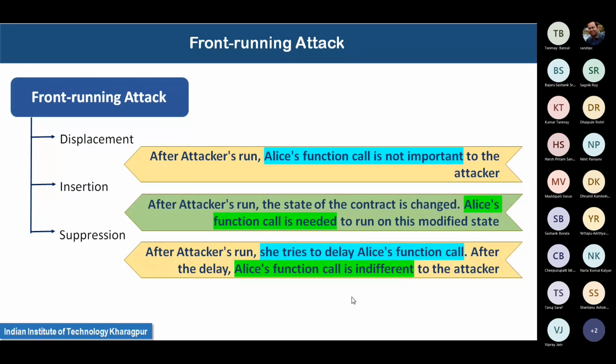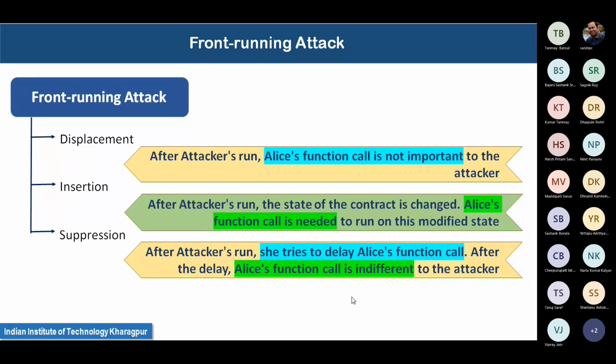So that is what is typically called displacement. It is displacing Alice's transaction lower down. And insertion means that the attacker changes the state on which Alice's function call was supposed to get executed. So, for example, the attacker sees that Alice is willing to buy, say, one Bitcoin for, say, 105 Litecoins.